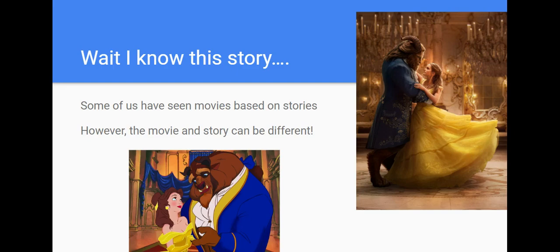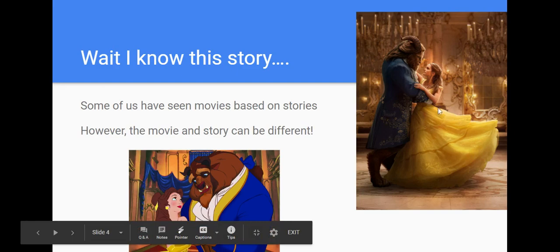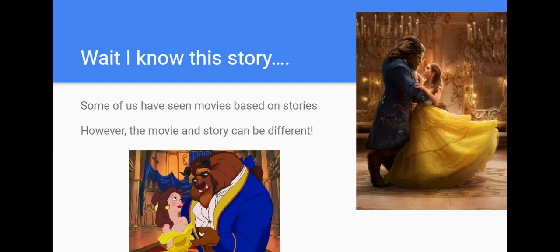One quick example right away is the main character in these. She is named Belle. But in our story, they call her Beauty. So there's going to be some differences in our story. That doesn't mean it's wrong, and it doesn't mean our story is incorrect. Sometimes the movies just take on something a little bit different.